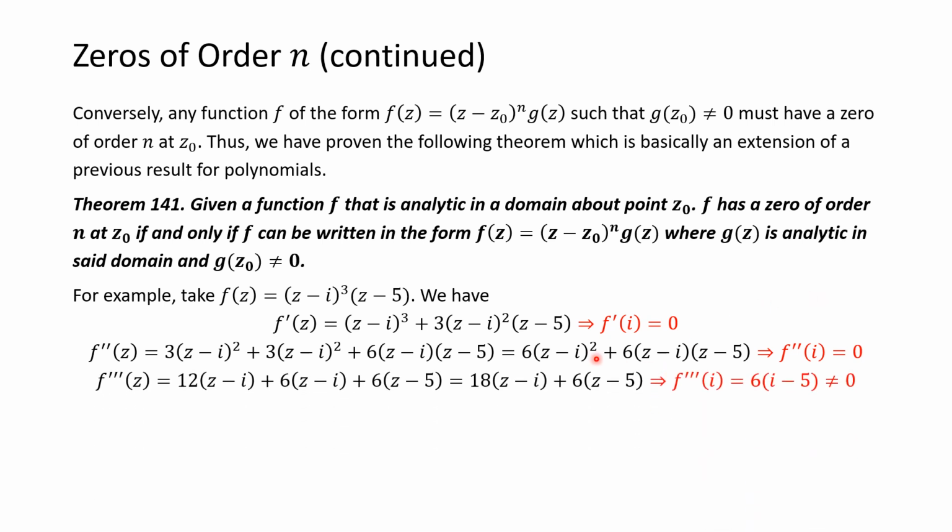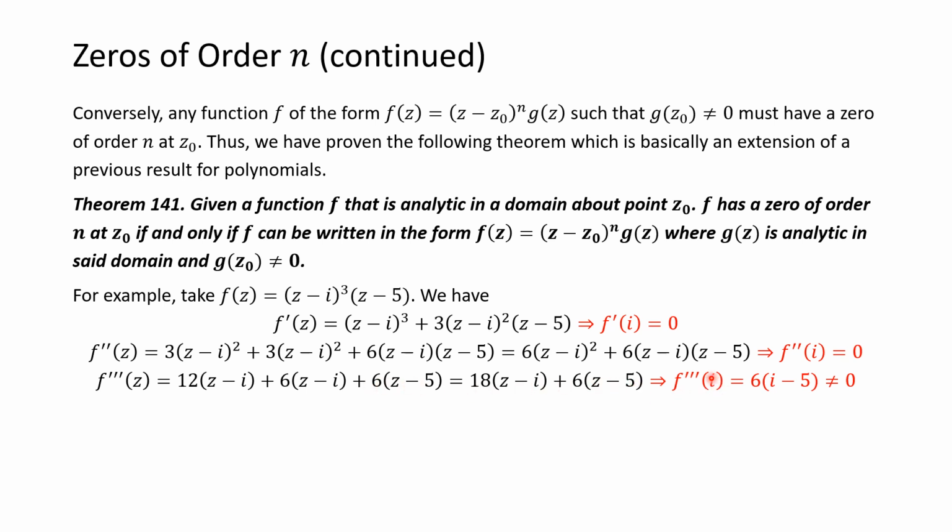Take the third derivative and you get 12(z minus i). Then the derivative of this product is 6(z minus i) plus 6(z minus 5) using the product rule. These first two terms add to 18(z minus i), then 6(z minus 5).